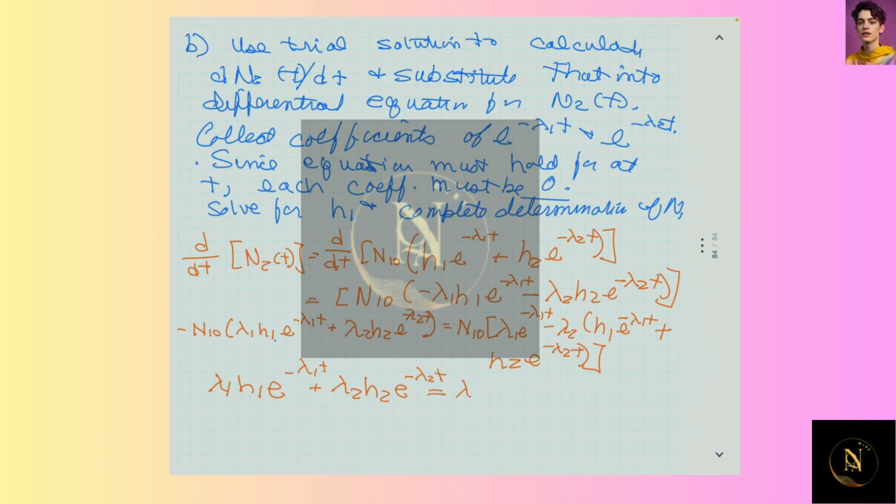That will equal, again, I'll have to put this down here. So what can I get rid of here? Okay, so that'll end up with lambda 1 h1 e to the negative lambda t plus.